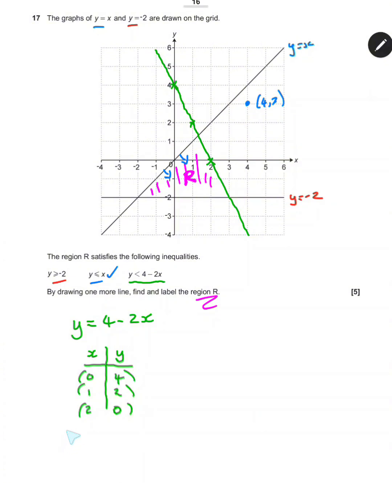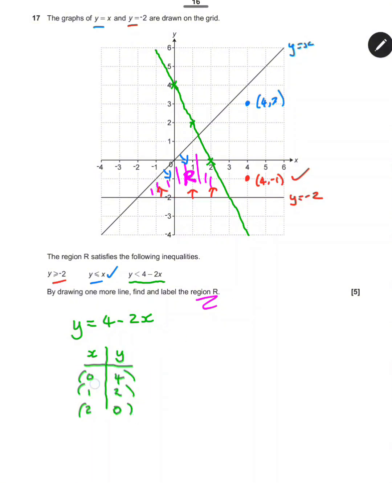Let's look at the red line that says y equals -2. Well, again, let's just pick a point above it. This is the point 4, -1. And I just want to check, is y greater than -2? Is my y bigger than -2? Yes. So I definitely want to come upwards on this line.